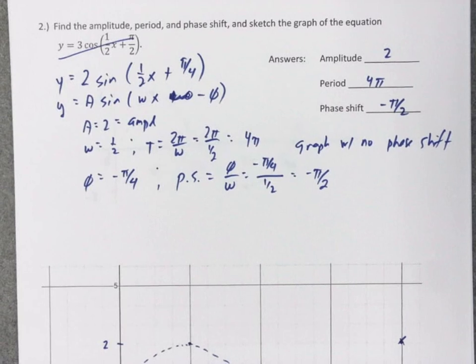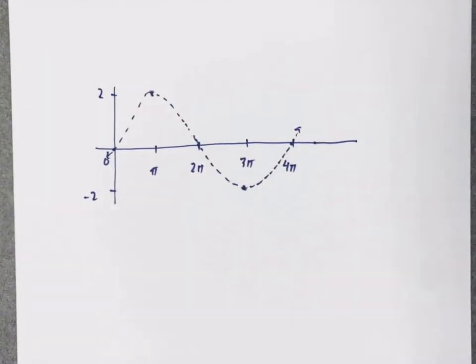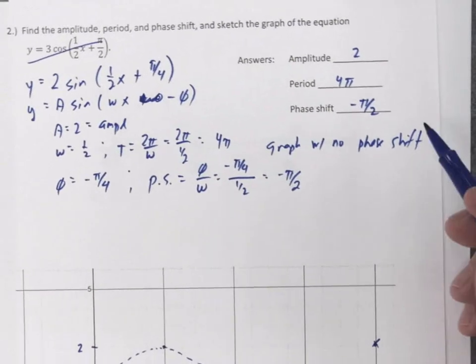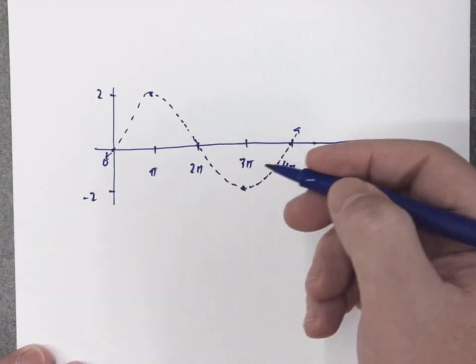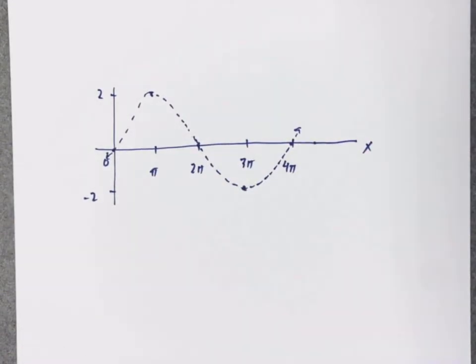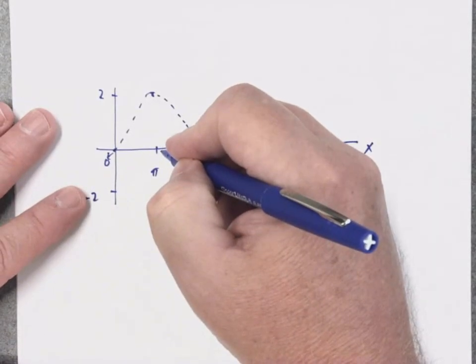So now I'm going to take my no phase shift graph, and in this case, since it's a negative pi over 2, I'm going to move it the distance pi over 2 in the negative x direction. So here's what you do. First of all, what is the distance pi over 2?